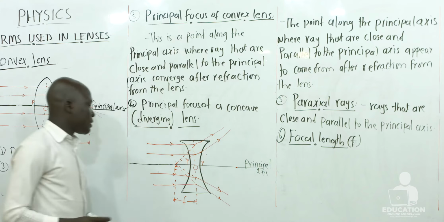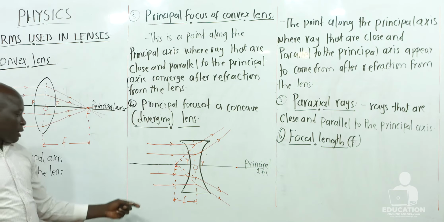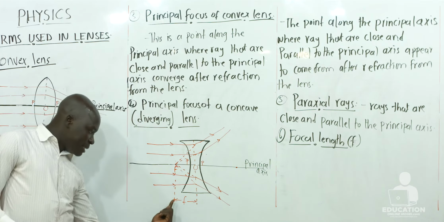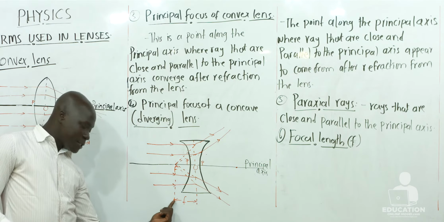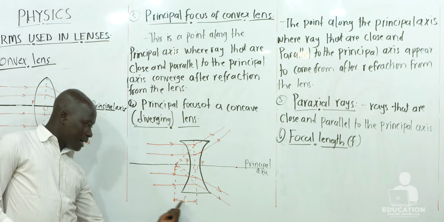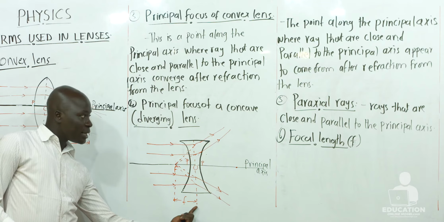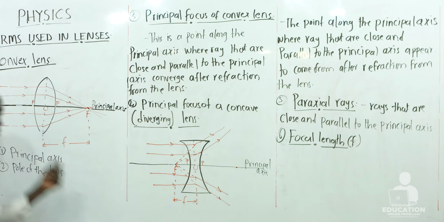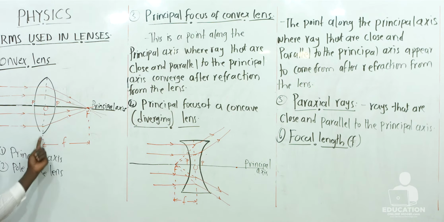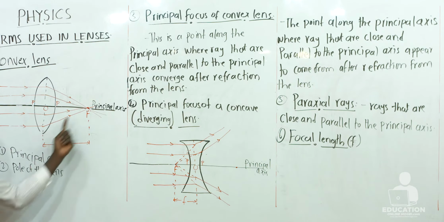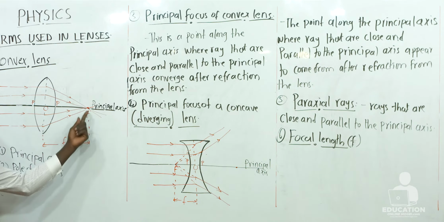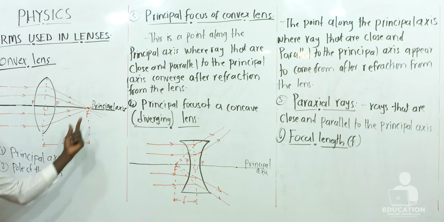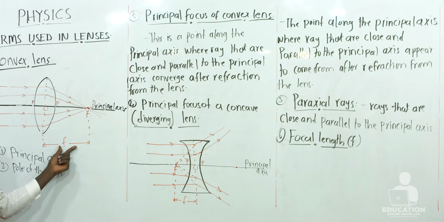Looking at our ray diagram, the focal length is the distance between the principal focus and the optical center for a concave lens. Also for a convex lens, the distance between the optical center and the principal focus is called the focal length.